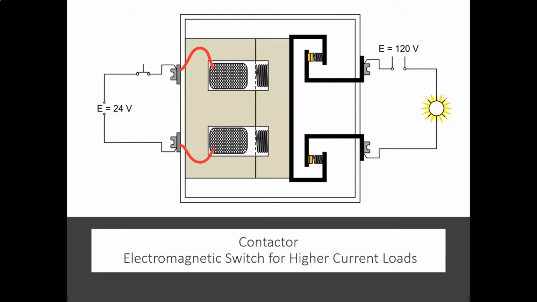And if they bounce, then you're going to get arcing. And if you get arcing, you get heat and carbon buildup and all those problems, right? So the purpose of these springs here is to absorb that contact pressure when it hits. They're going to compress a little bit, but the contacts aren't going to bounce.